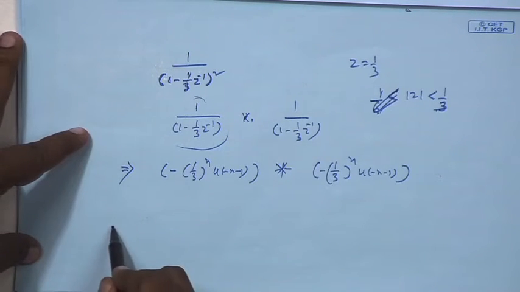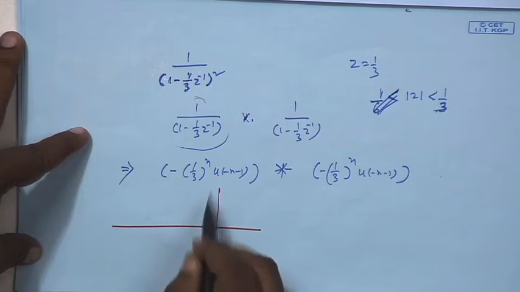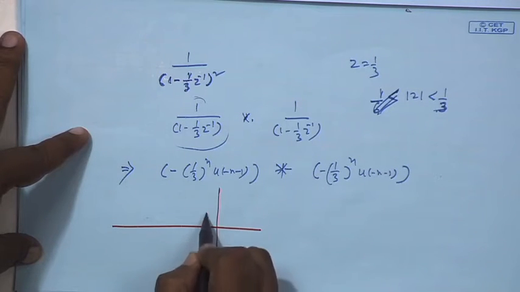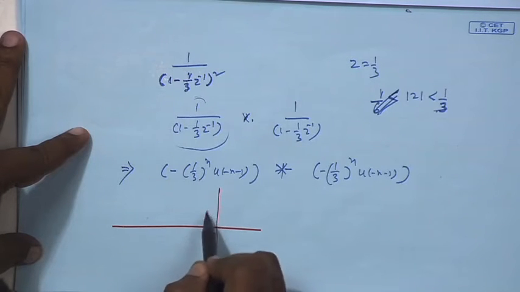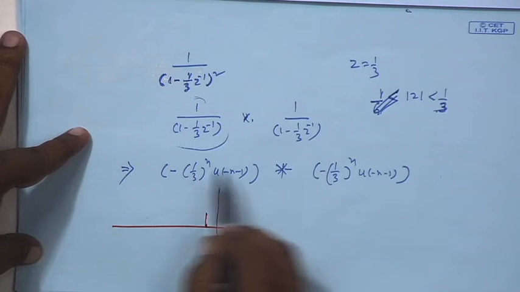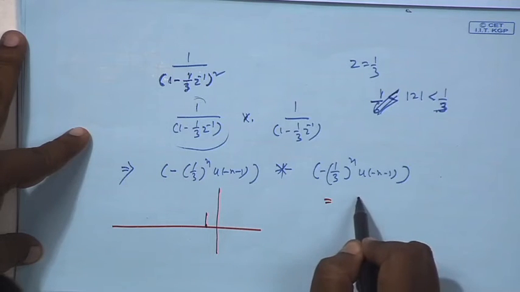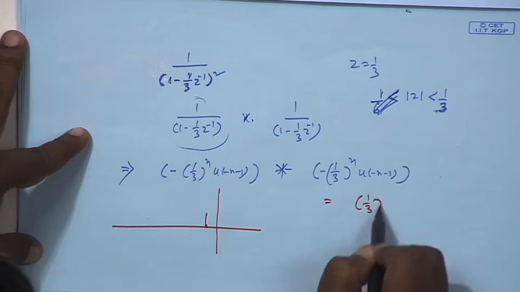What is this function? This function starts like this, 1. Because minus and minus plus, so you can forget the minus, it is same as 1 by 3 whole to the power n.